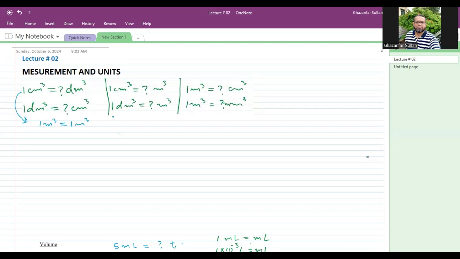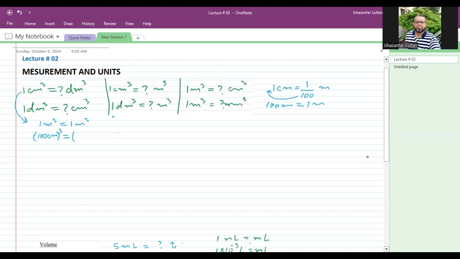You know that 1 centimeter is equal to, centi meaning 1 upon 100, meter. So 1 meter would be equal to 100 centimeter. You will shift it here. So it remains 1 meter, and here 100 multiplied by 1, so 100 centimeter. So instead of 1 meter cube, you can write 100 centimeter whole cube.